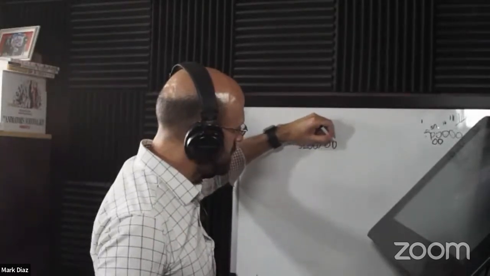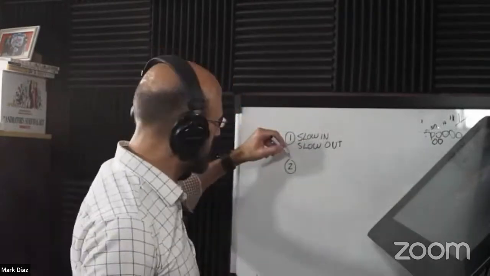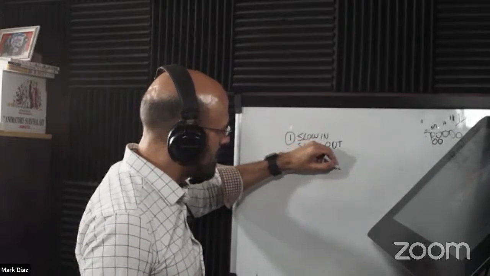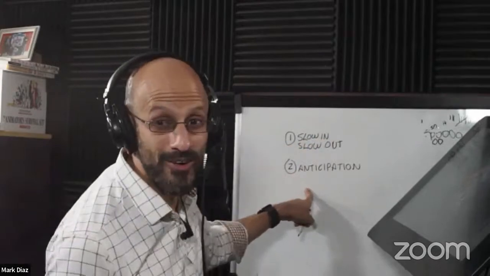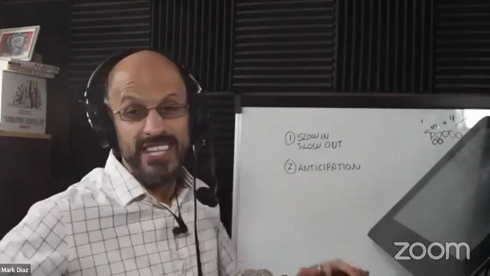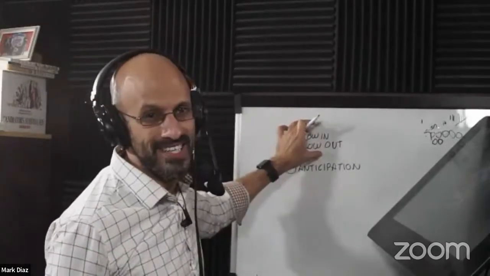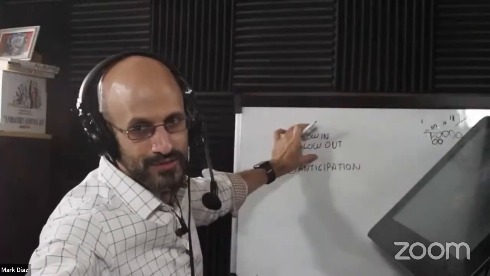I'm going to explain them in a little bit. The second one is anticipation. And I'm putting them in priority. So if you forget everything from today, just apply this one. Slow in and slow out is, I would say, the most important of all.